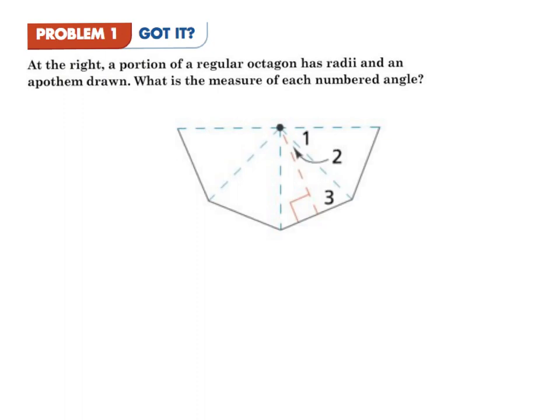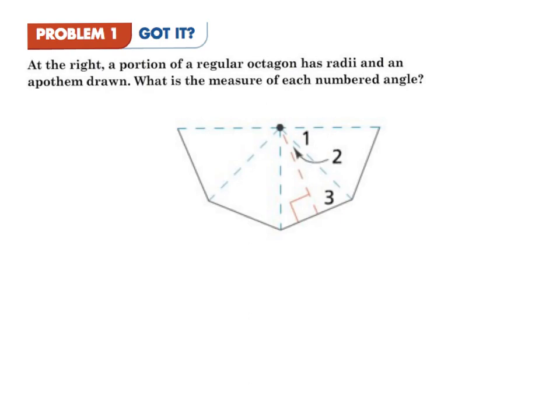Problem 1, got it. At the right, a portion of a regular octagon has radii and an apothem drawn. What is the measure of each numbered angle? So pretend this octagon continues on. They only drew half of it. I would suggest, let's do the easy one first. Let's find the measure of angle 1.